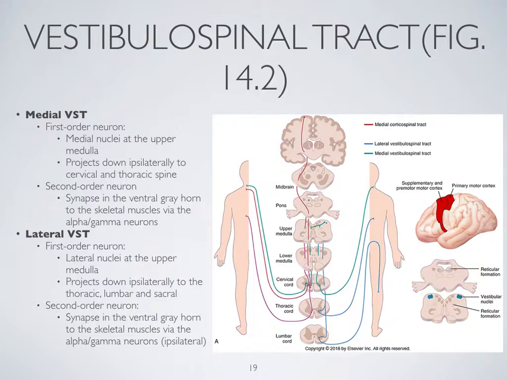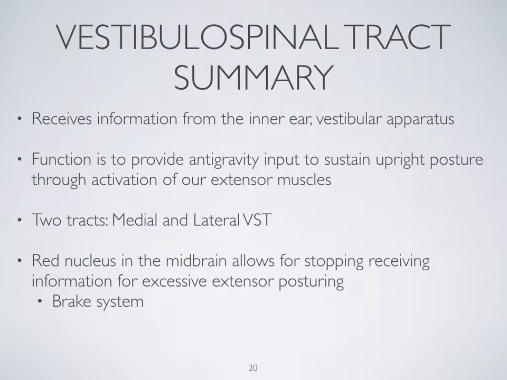Okay, so that was slide 19. Slide 20 is again a summary of what this system is doing. We're receiving information from the inner ear. Our inner ear sends and fires action potentials to our vestibular apparatus: our semicircular canals and our vestibule, which is our saccule and our utricle.